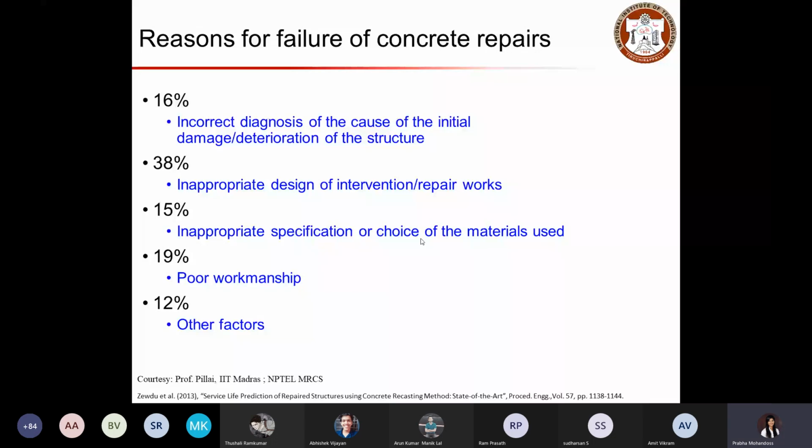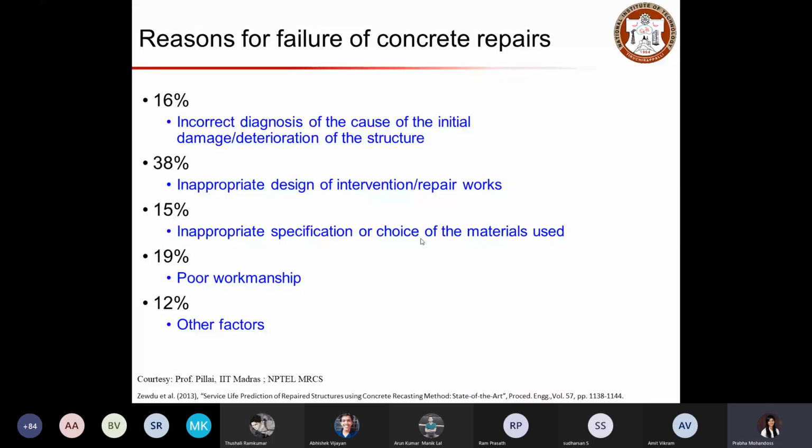The structure will be diagnosed for certain reasons, but this is exactly the same. So the incorrect diagnosis of the cause of the initial damage or deterioration of the structure could be one of the main reasons for failure of concrete in the long run.